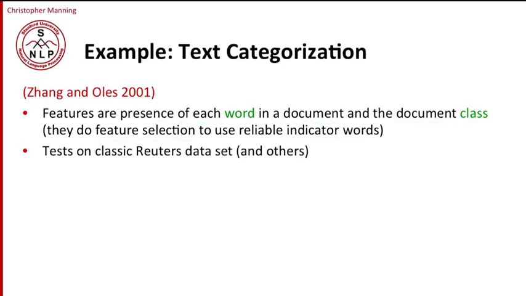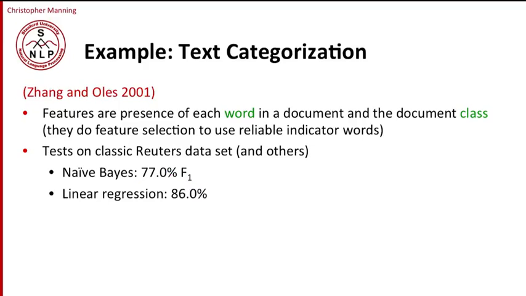The test set that they use is a well-known text categorization dataset, the Reuters Newswire dataset. And here are just some indicative results of what they find. So they build a naive Bayes model which gets 77% F1 across the different classes. And then they compare several discriminative classifiers. They build a linear regression model.